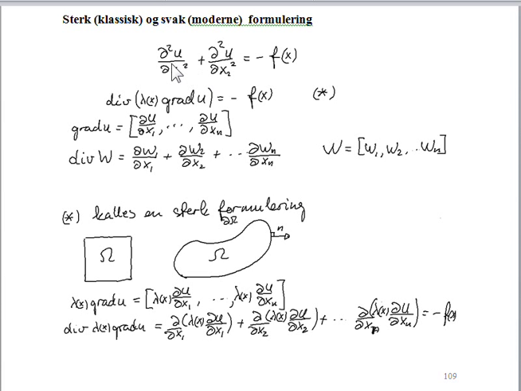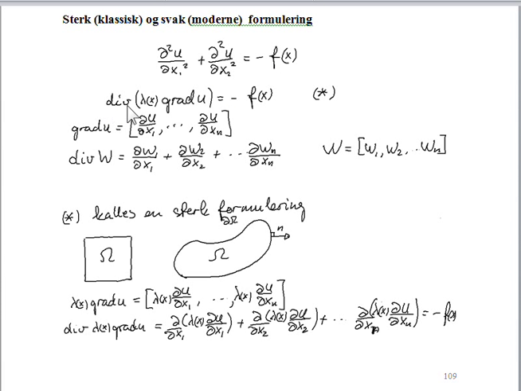We call this the classical Poisson equation, and it's called a strong formulation of the Poisson equation in the case where f is some scalar function defined on the subset omega. So this may be some heat conduction equation with some internal heat source, which is the function f of x.